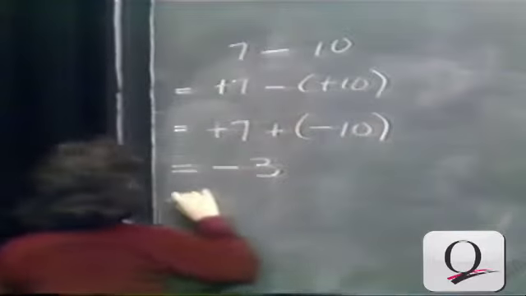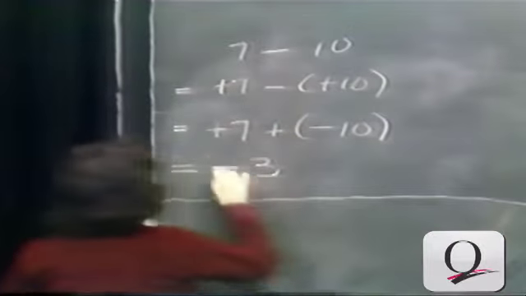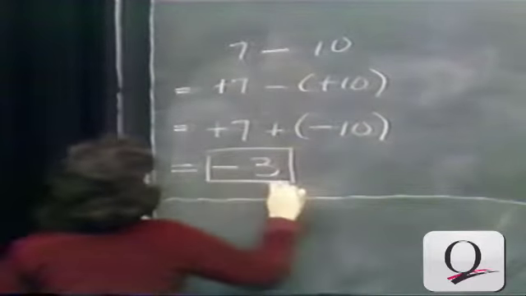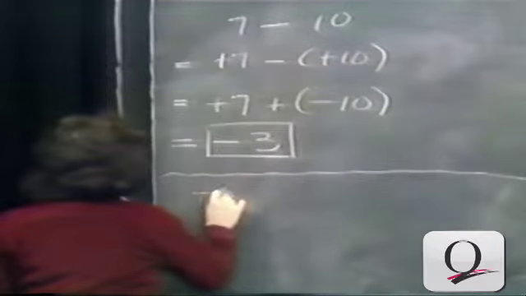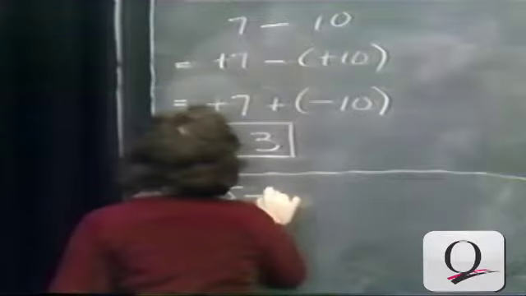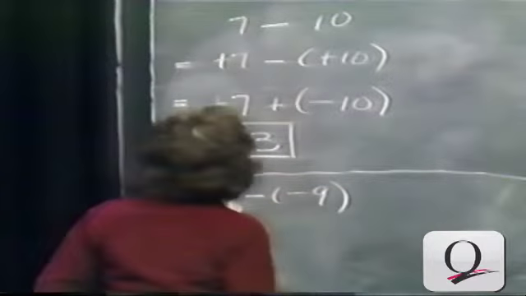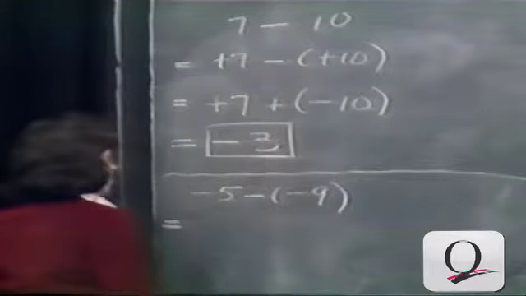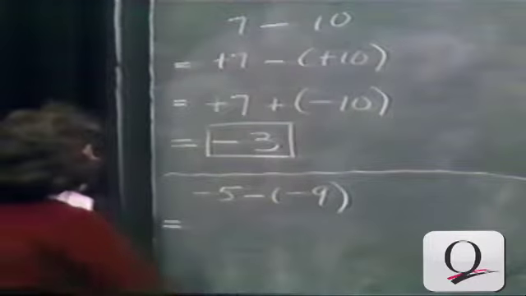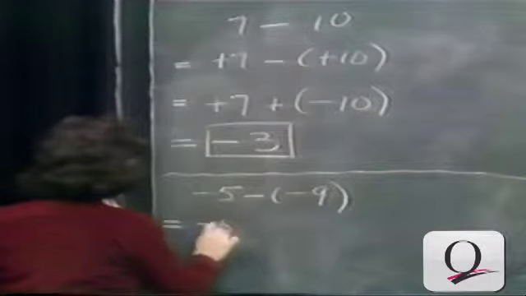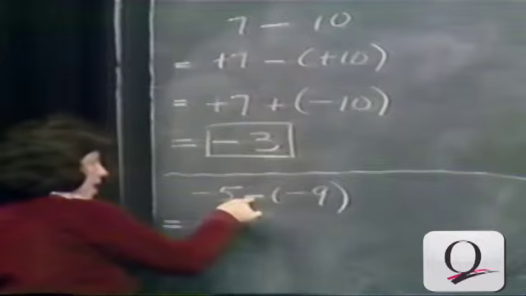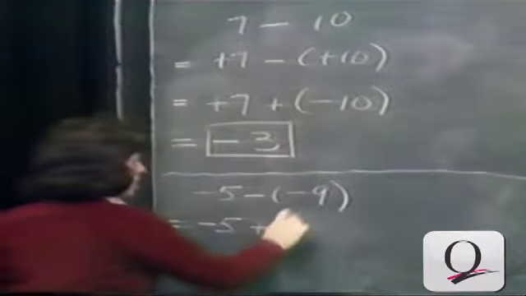Let's try another example. Just put the answer in a box here. Minus 5, take away minus 9. Okay, subtraction of signed numbers. First thing, we leave the first number alone. Subtraction gets changed to addition.